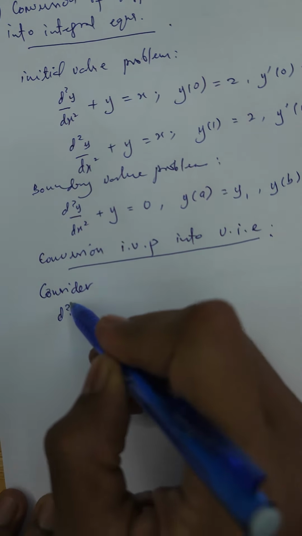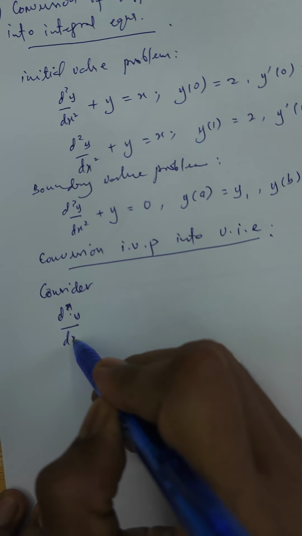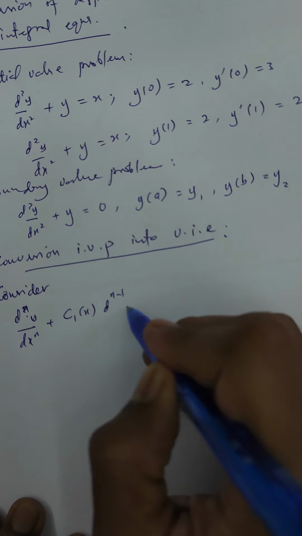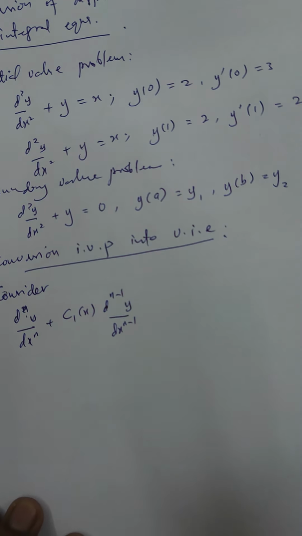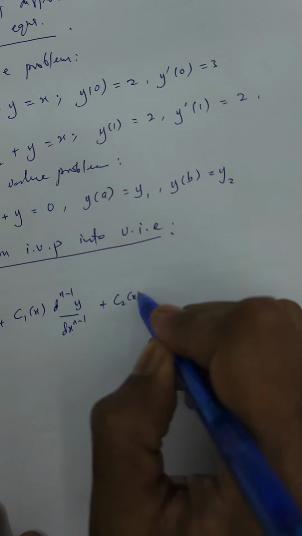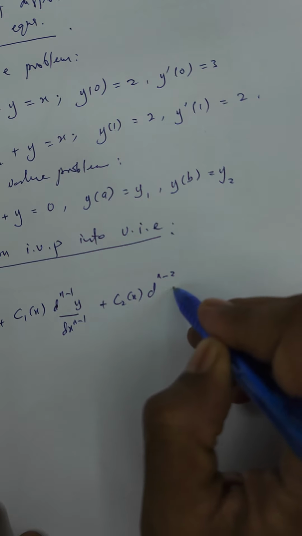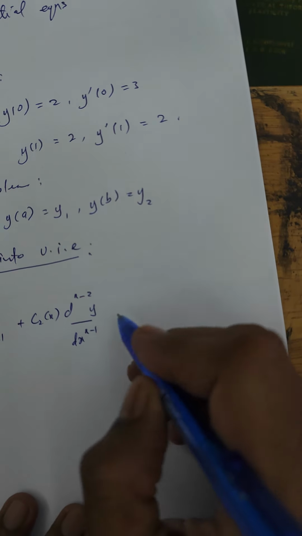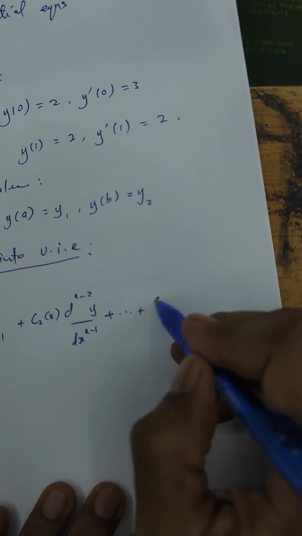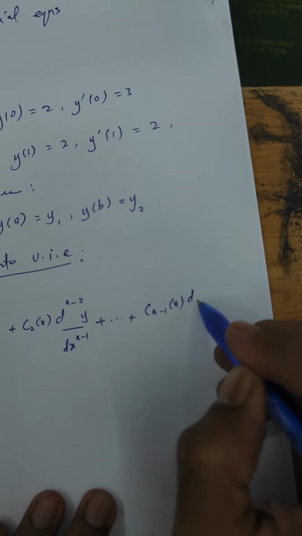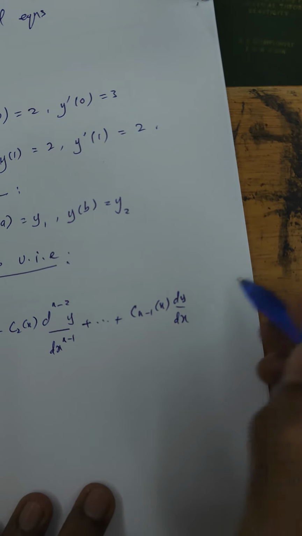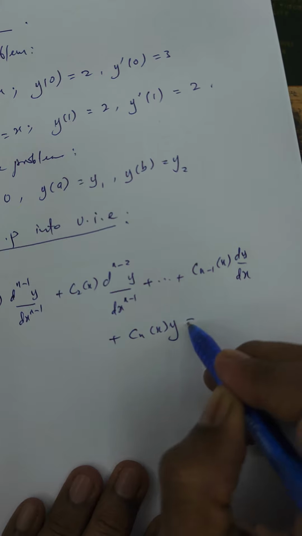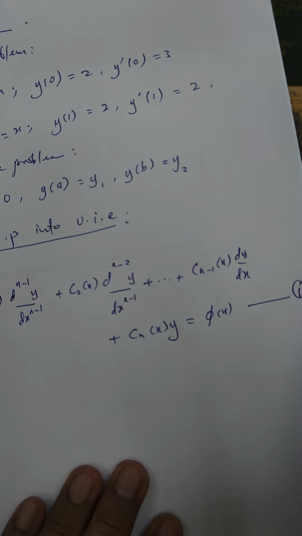We have d^n y/dx^n plus c1(x) d^(n-1)y/dx^(n-1) plus c2(x) d^(n-2)y/dx^(n-2), and so on, plus c_(n-1)(x) dy/dx plus c_n(x) y equal to phi(x). Let's call this equation number 1.